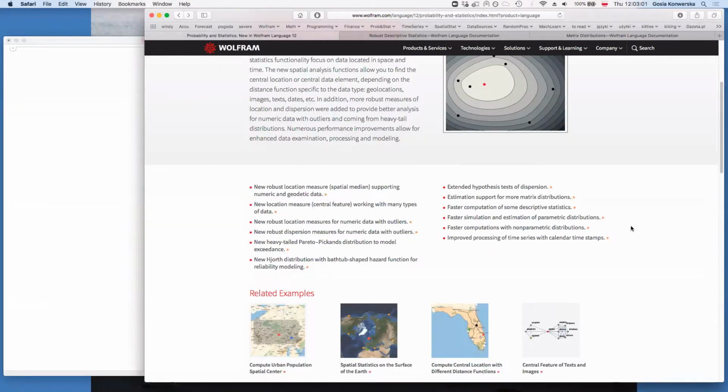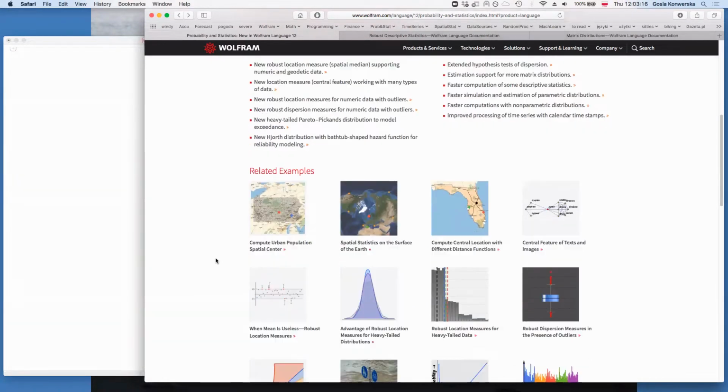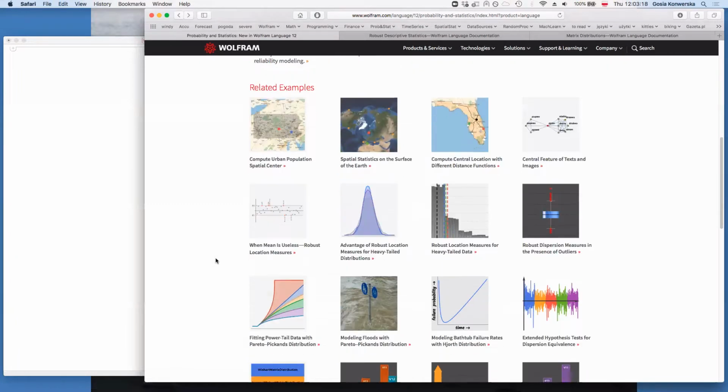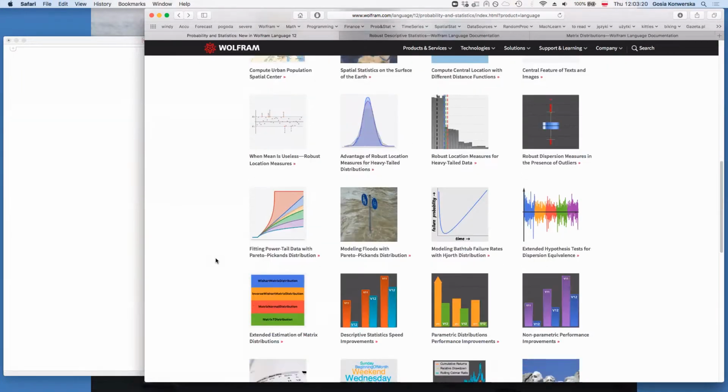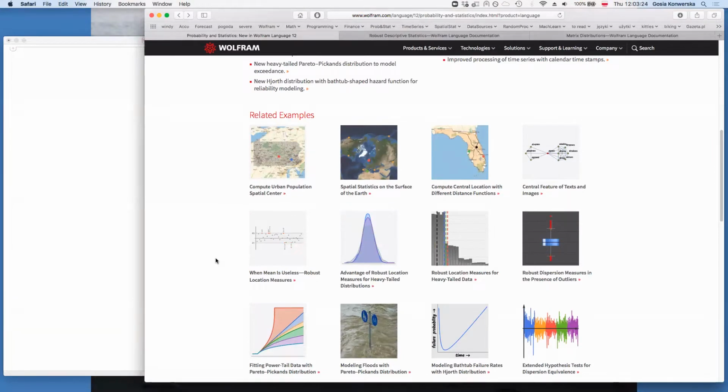And then we have some speedups for the computations of descriptive statistics and simulation and estimation of parametric distributions, and a few improvements with processing of time series. All of these are featured in the examples here. This is a nice matrix of examples, and each row is themed in some way. The first row is the spatial median and central feature.